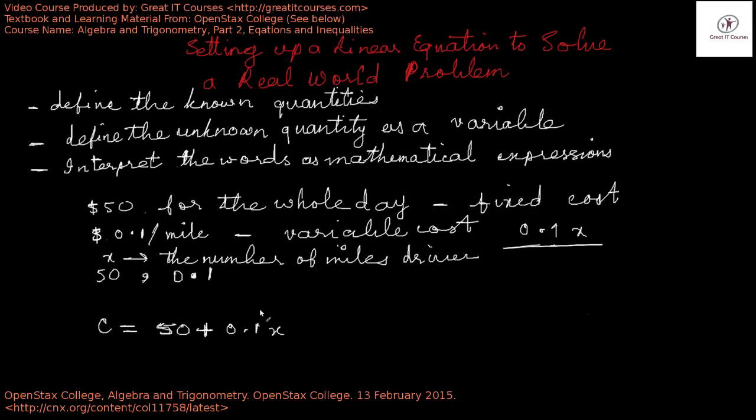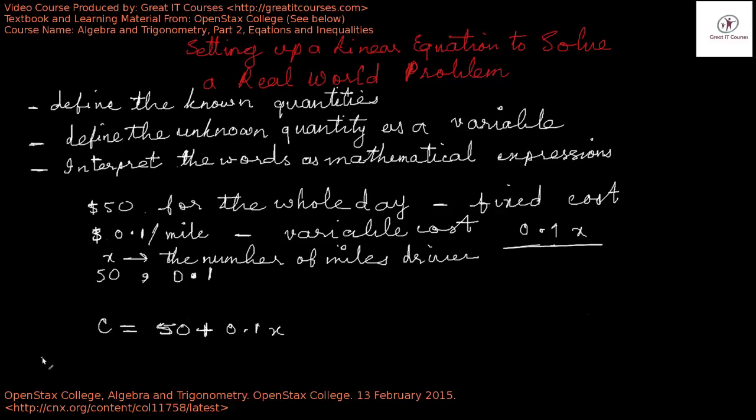And then now you have an equation. And it's actually very interesting that you can do a lot of fun things with this equation. First of all, you can calculate many different things with this equation. You can, for example, determine what's going to be your total cost if you drive the car for let's say 40 miles.